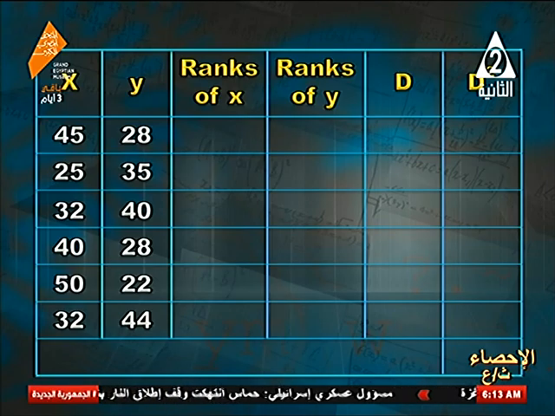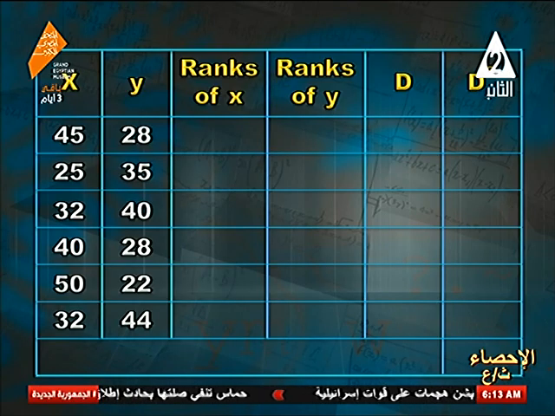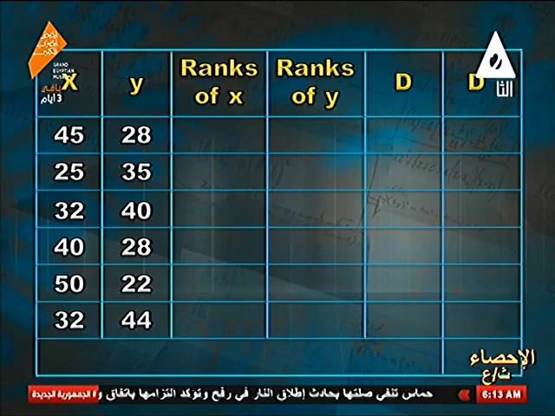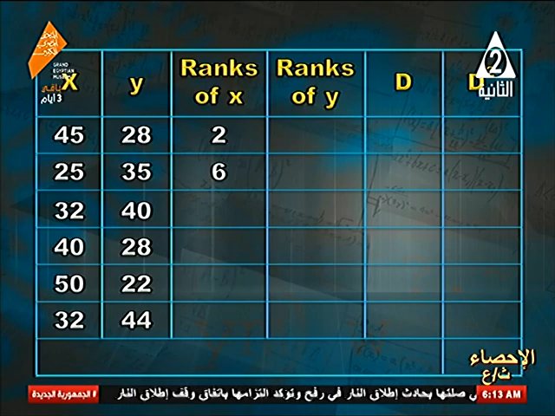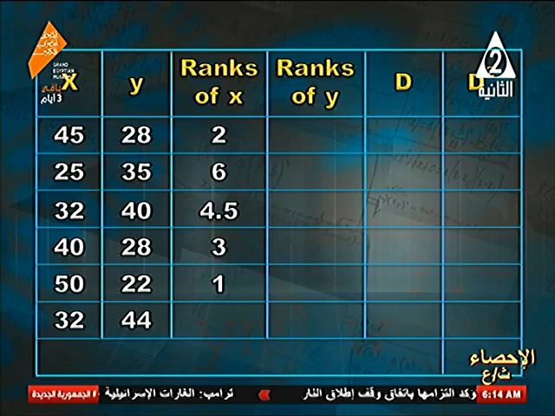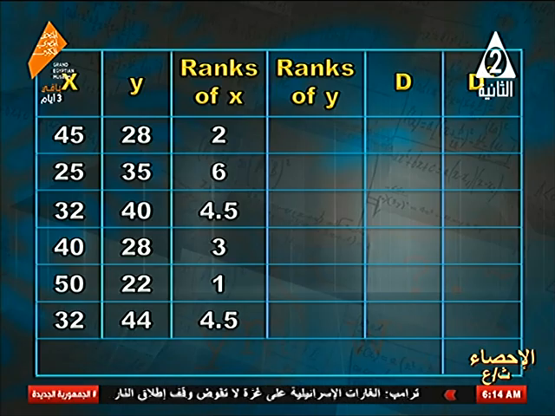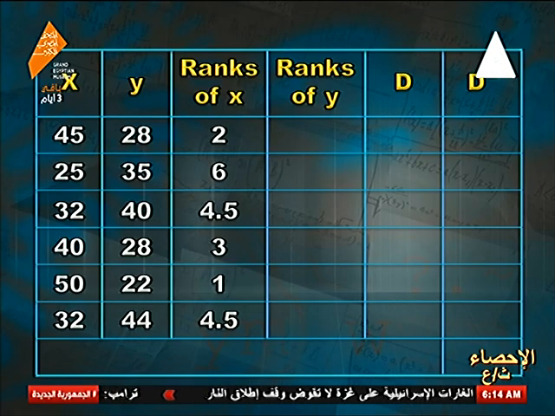Look at rank X. What is the smallest value in X? Look at the values of X: 45, 25, 32, 40, 50, 32. In this case, we start with the greatest number and arrange in descending order.